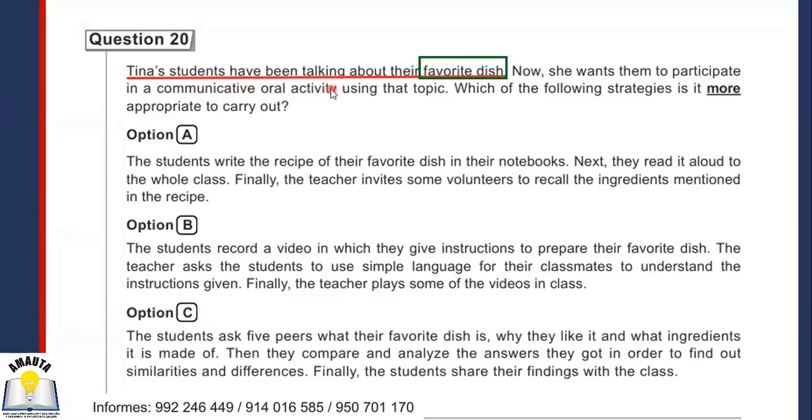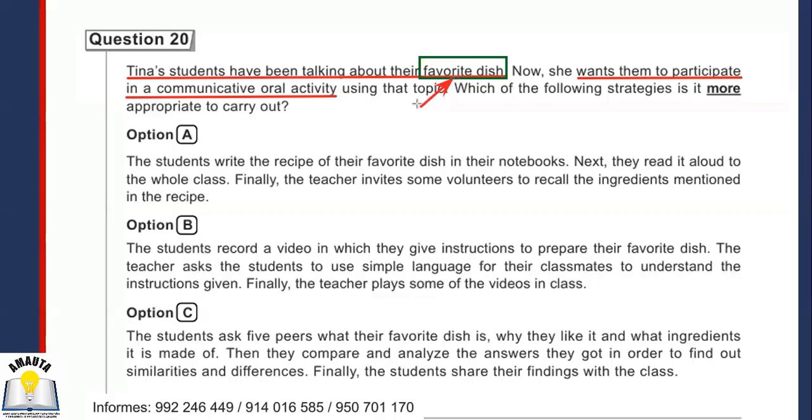One more time, we have a speaking task. So this is the teacher's purpose: she wants them to participate in a communicative oral activity using the topic of the students' favorite dish.